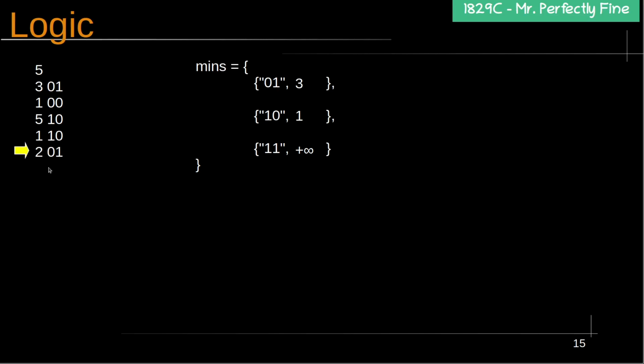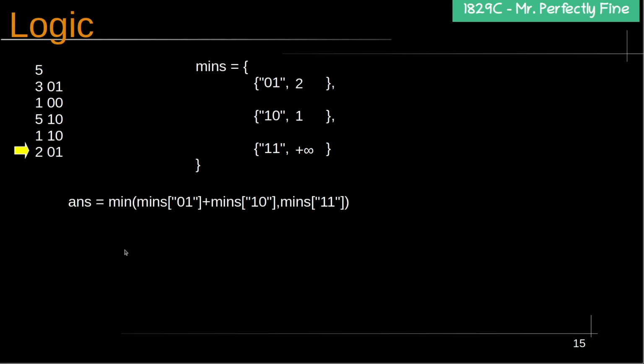We go to the last book. We have 0 1 here, and we know that we have found a book on our list that gives the skill 0 1 in 3 minutes. But here we have this book that gives the skill 0 1 in 2 minutes. So we have to update 0 1 here to 2.